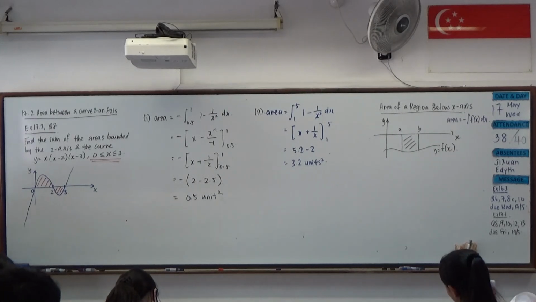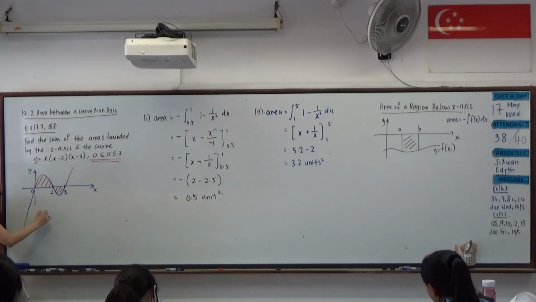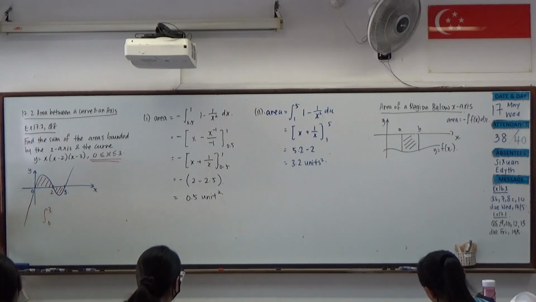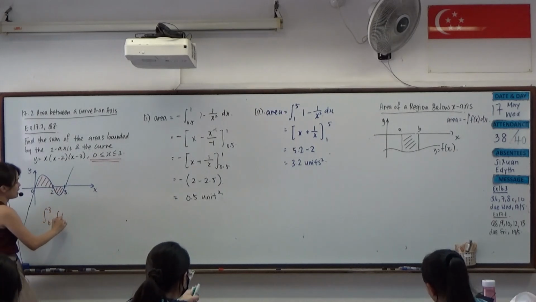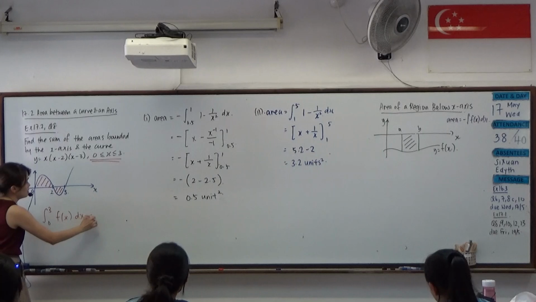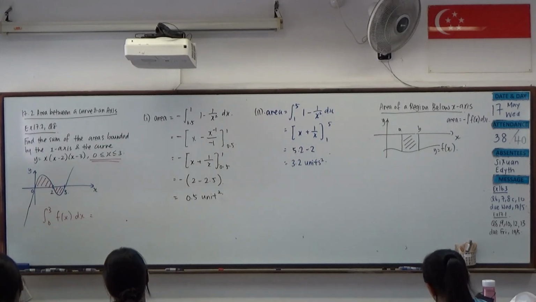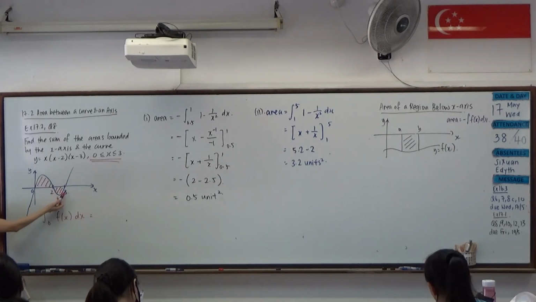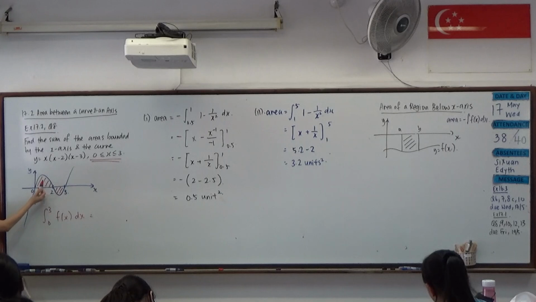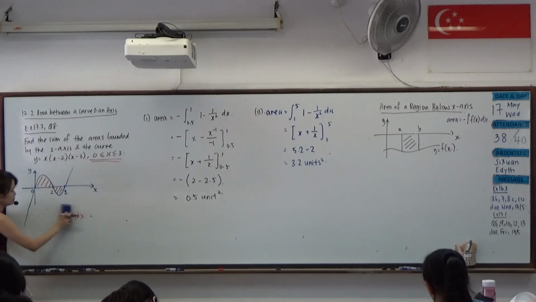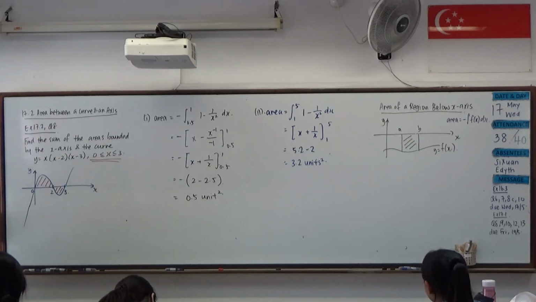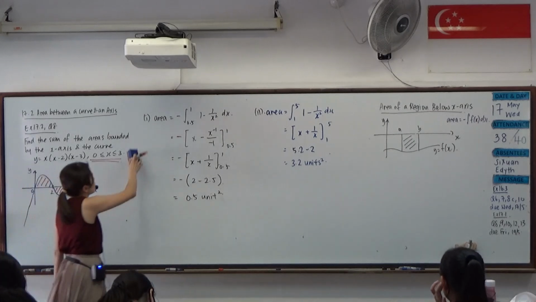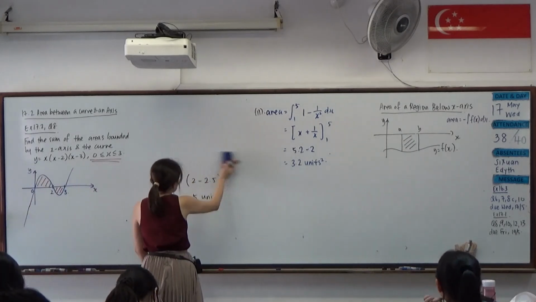If you don't have the diagram, likely you will think about integrating from 0 to 3 for whatever that you have, and then figure out the area. And when you do this, the area is not going to be the sum of these two, because this will be negative. It will counter parts of the area over here. So in order to find out the area, we have to integrate separately.